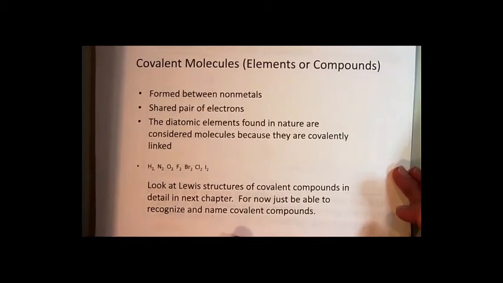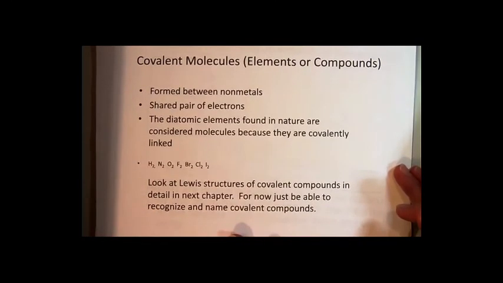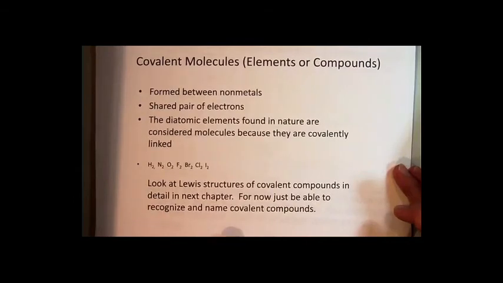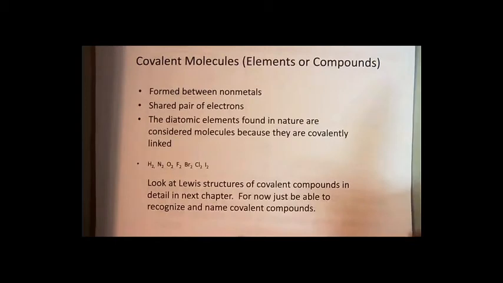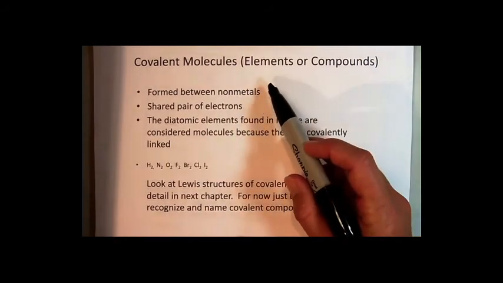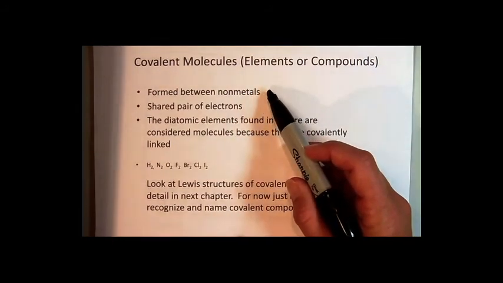In covalent molecules, it's similar in that the different atoms that are held together by the covalent bonds are named differently. And we identify them as collections between nonmetals and other nonmetals.